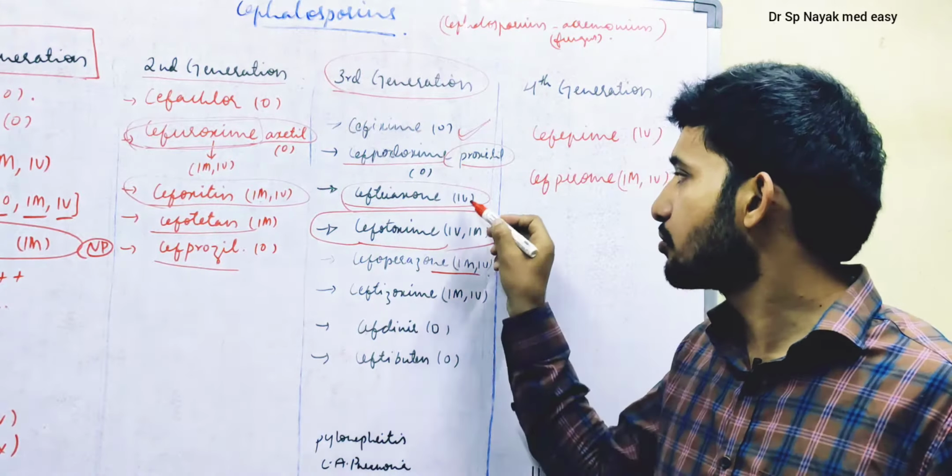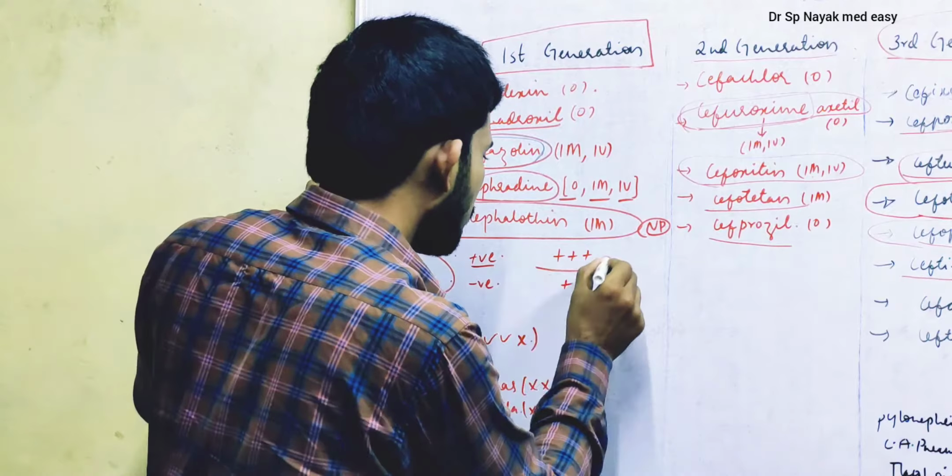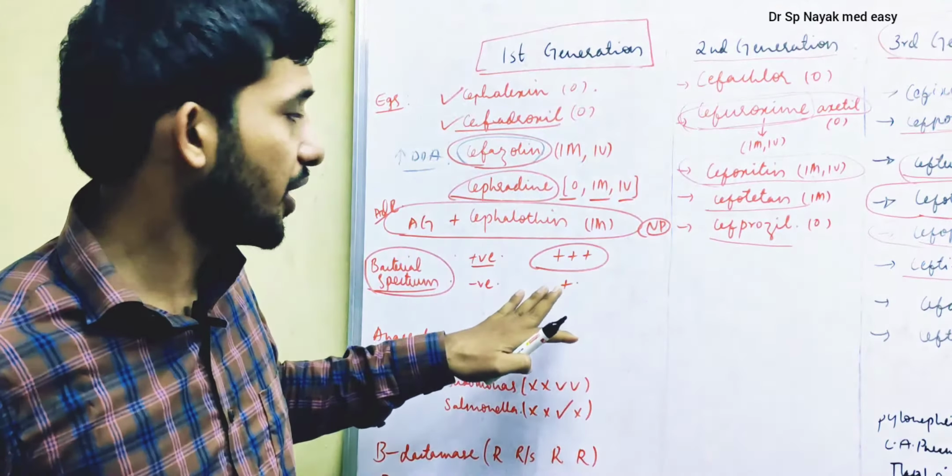Now let us see some important characters of these drugs. So remembering the drugs is very important in cephalosporins. Now let us see the bacterial spectrum of cephalosporins. So I will not tell the individual drug, I will just go with the generations. In the first generation, cephalosporins are very effective on gram-positive microorganisms.